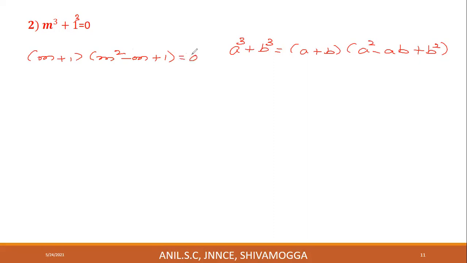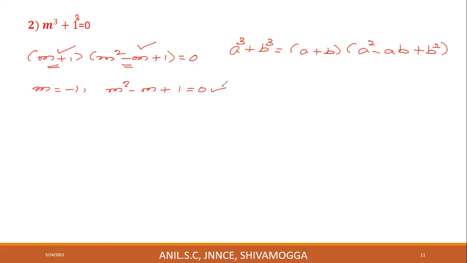This is equal to 0. Clearly, the product of these two terms is equal to 0. This implies at least one of the two terms is equal to 0. That is either m plus 1 is equal to 0 or m square minus m plus 1 is equal to 0. If m plus 1 is equal to 0, then m is equal to minus 1. Or m square minus m plus 1 equal to 0.